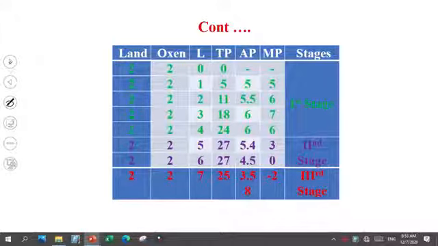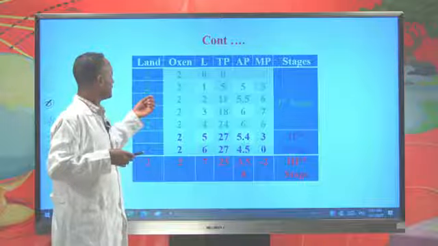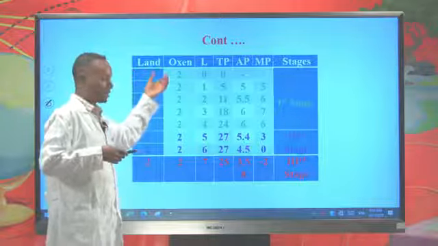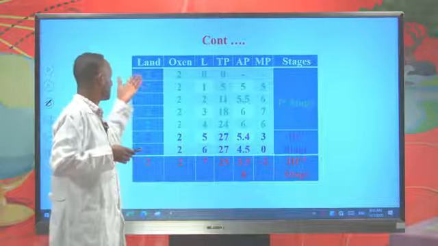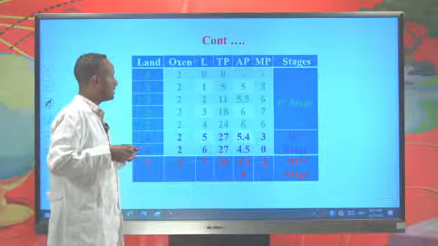Under the production function with 1 variable input, the farmer produces wheat using land and oxen. The farmer uses 2 hectares of land throughout.